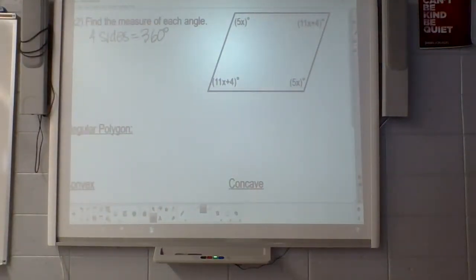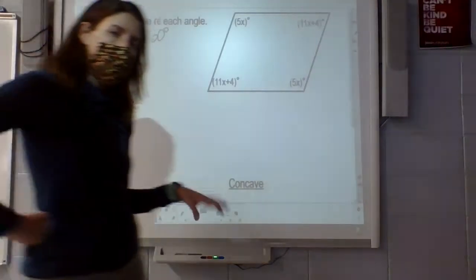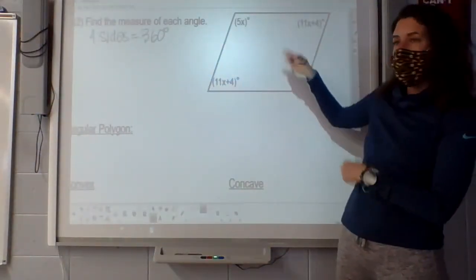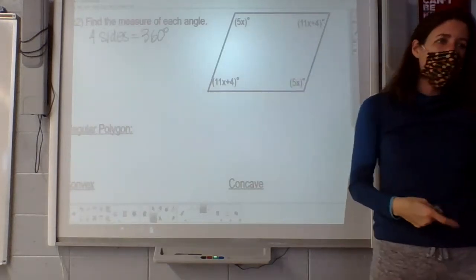How would I be able to figure out what the measures of the angles are then? Yeah, what do you think, Michael? Couldn't you just do 5x plus 11x plus 4 equals 180? Yeah, rather than adding them all up to equal 360, he knows the opposite ones are the same, so he's saying we just add up two of them and have them equal 180.